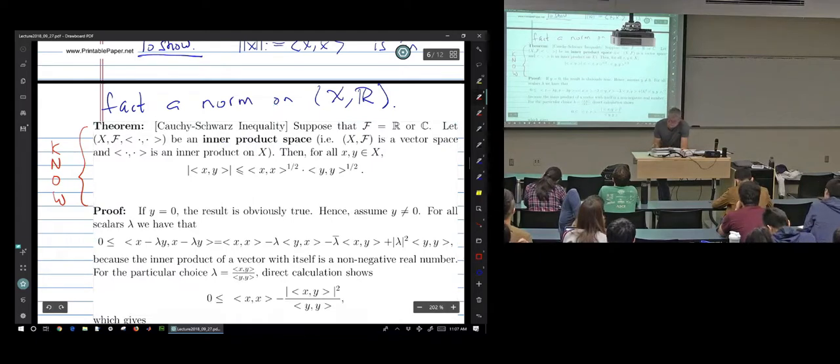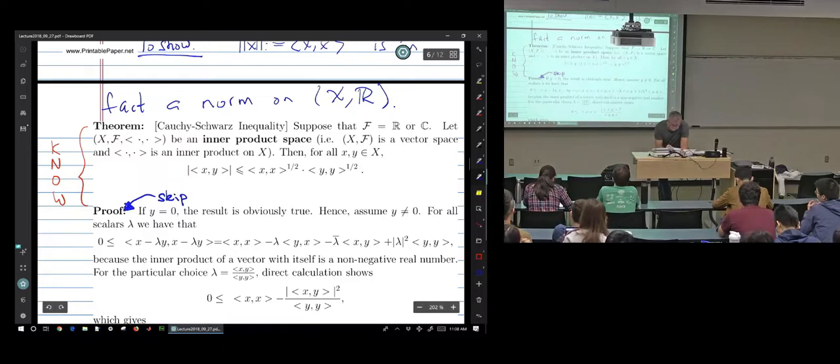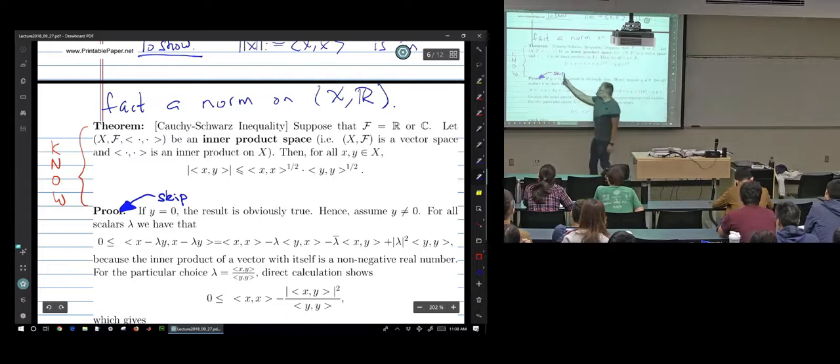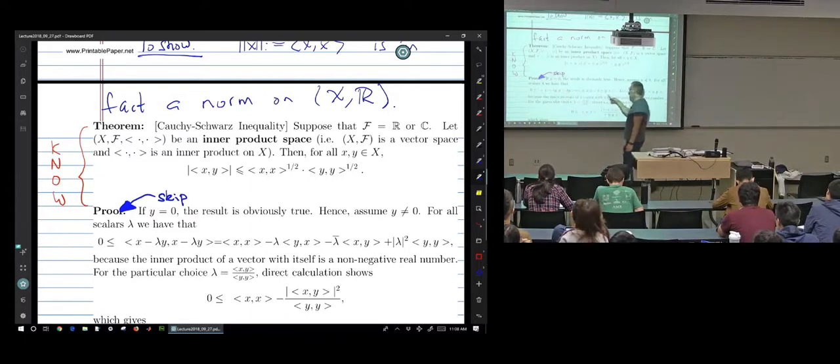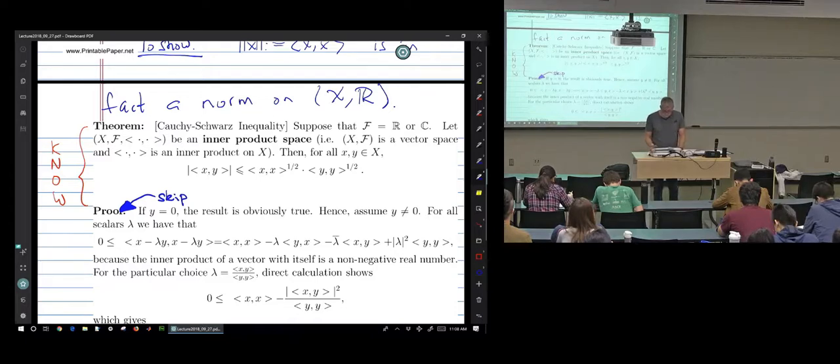Okay, so know the Cauchy-Schwarz inequality, and then the proof, just skip it, okay? I'm just putting it there so you don't write down the proof on your cheat sheet for exam 1. There's nothing on exam 1 where knowing this proof will be the key to you passing the exam. I want you to know that, okay? But here's the Cauchy-Schwarz inequality.